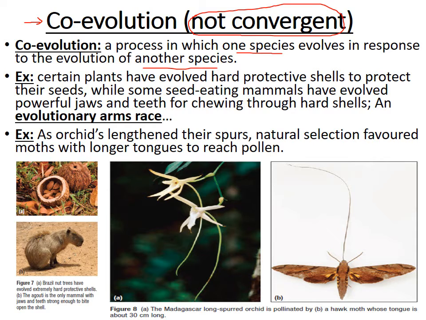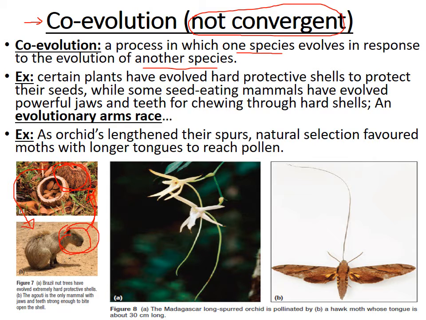So over here, we can see the example of a mammal called an agouti. It has developed some extremely strong teeth and jaws, as its Brazil nut tree has developed an extremely hard casing to protect its seeds. And as the extremely hard casing became harder in the plants, these organisms were favored by natural selection if they had stronger teeth and stronger jaws to break over these extremely hard casings.